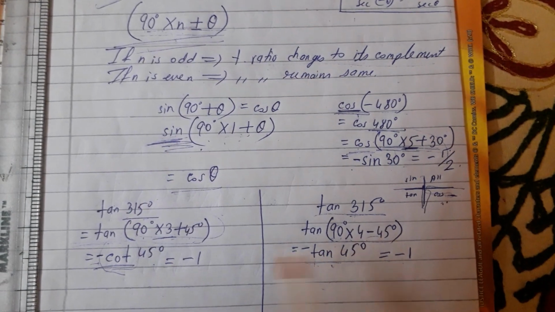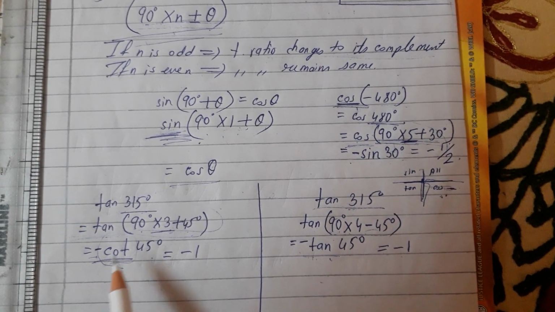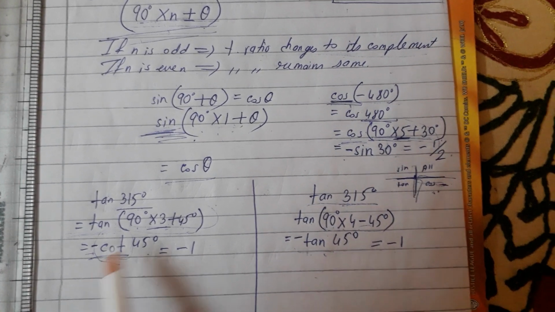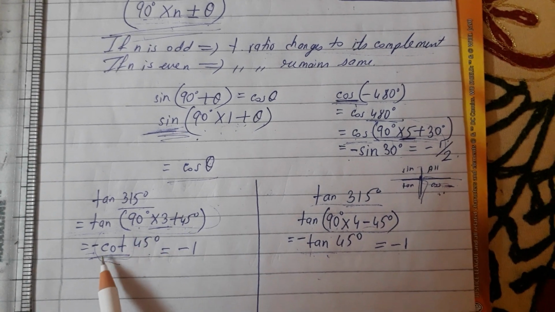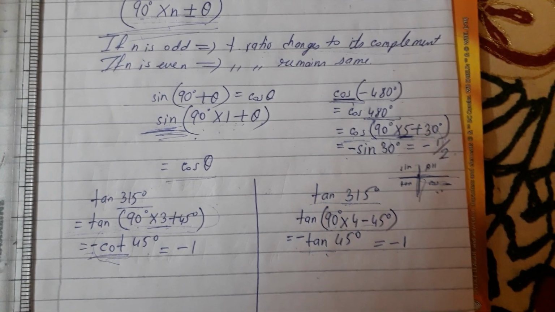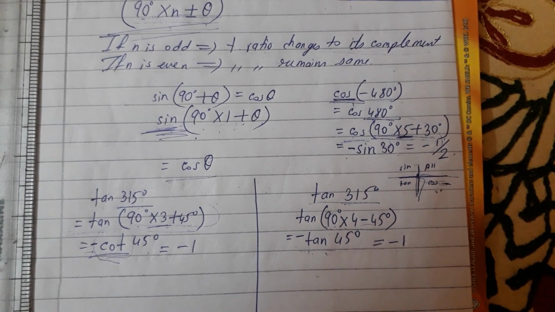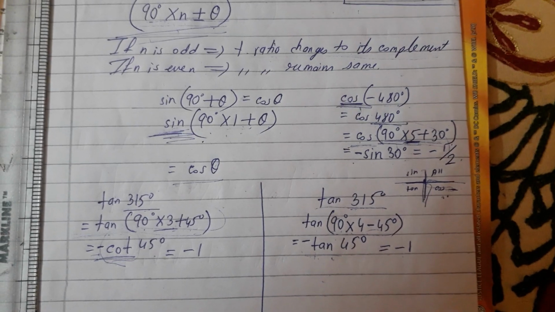The second step is to determine the function which you have to write in the answer. The third step is the sign. First, second, third. These three steps you have to follow, then you can easily solve any angle of this type.